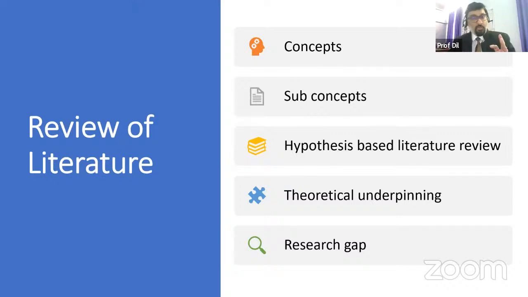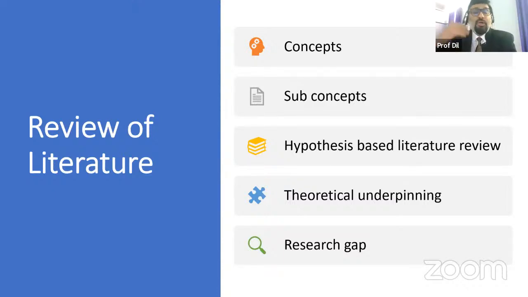So you can write concepts and connect sub-concepts. Take the example of entrepreneurial orientation, which is the IV in your research framework. How can I define entrepreneurial orientation? Through risk taking, openness, market orientation, competitive aggressiveness, and means-end orientation.